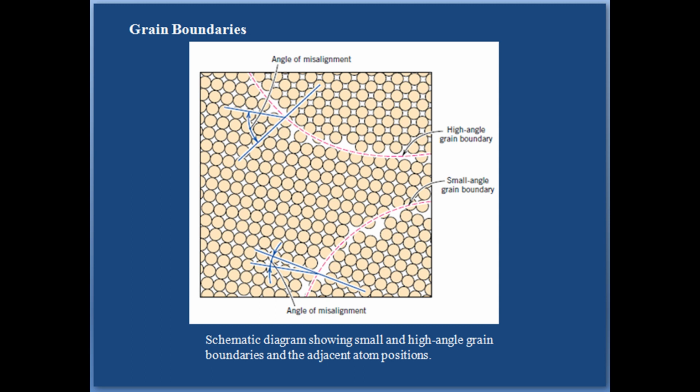Being larger for high angle boundaries, grain boundaries are more chemically reactive than the grains themselves as a consequence of this boundary energy. Furthermore, impurity atoms often preferentially segregate along these boundaries because of their high energy state. The total interfacial energy is lower in large or coarse grained materials than in fine grained ones because there is less total boundary area in the former.